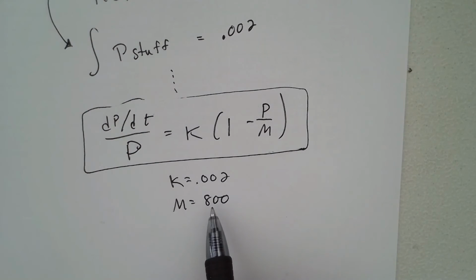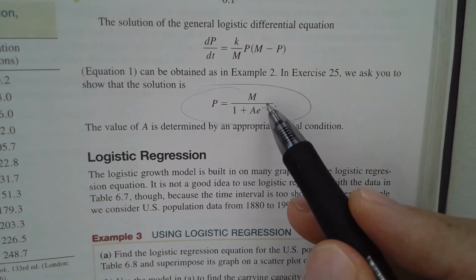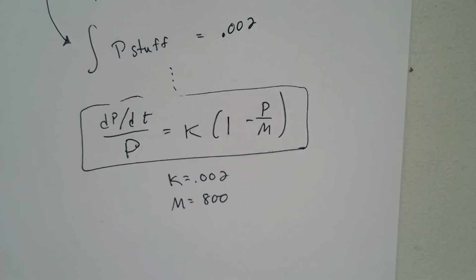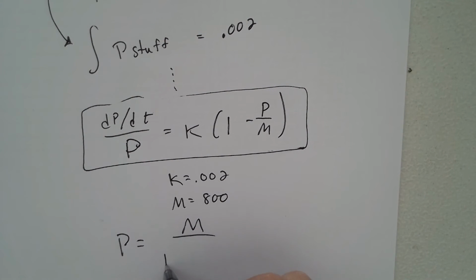So that's a couple of variables that we know. Our original, which is also in the book, the one I derived, is the general equation for population logistic growth: p equals m over 1 plus a e to the negative kt.